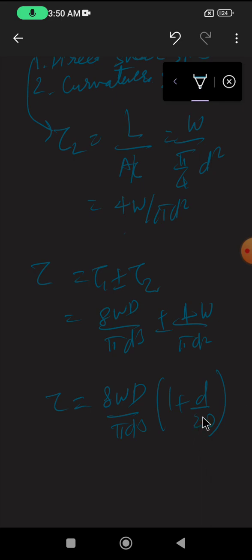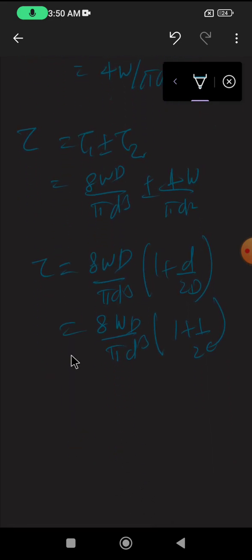Now, as we know, D by d is the spring index, that is C. So 8WD by pi d cube times 1 plus 1 upon 2C. This 1 plus 1 upon 2C we call the shear stress factor, Ks.